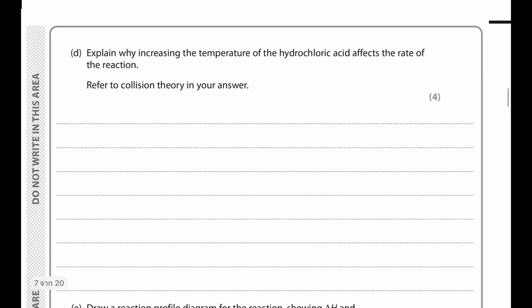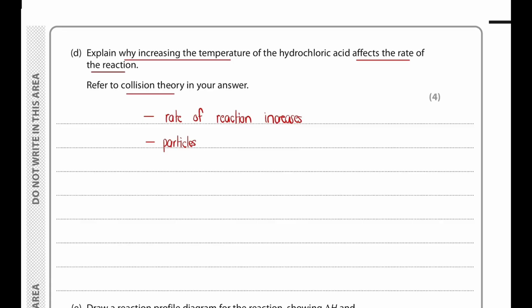Question D. Explain why increasing the temperature of the hydrochloric acid affects the rate of the reaction. Refer to collision theory in your answer. So first one is that rate of reaction increases. And then particles have more kinetic energy.